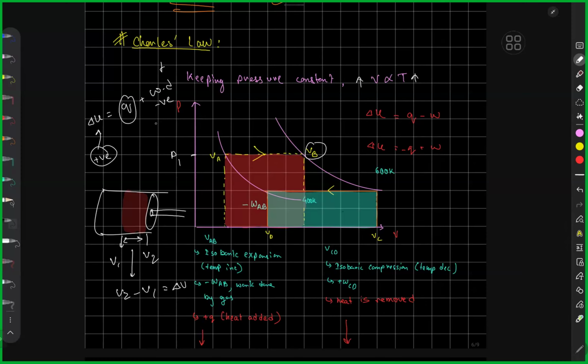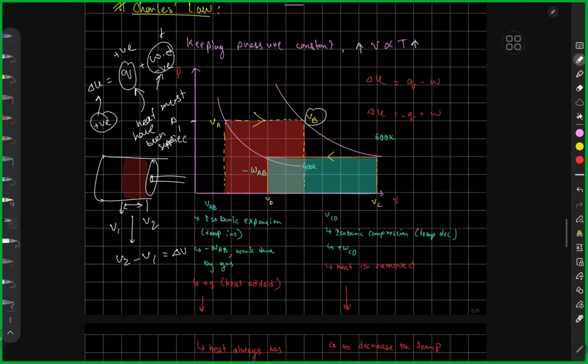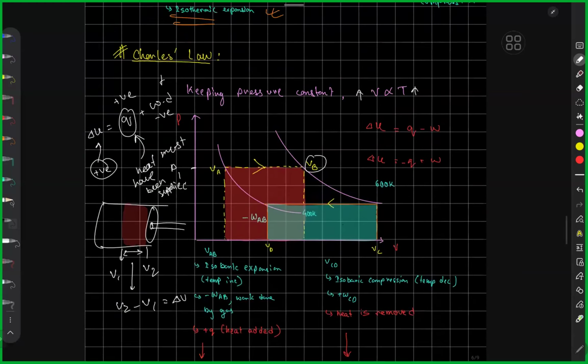So that basically means for the internal energy to have increased, heat must have been supplied. Got it? So my Q, heat supplied, is indeed positive and way more positive than however much the work done is negative, such that internal energy increases.